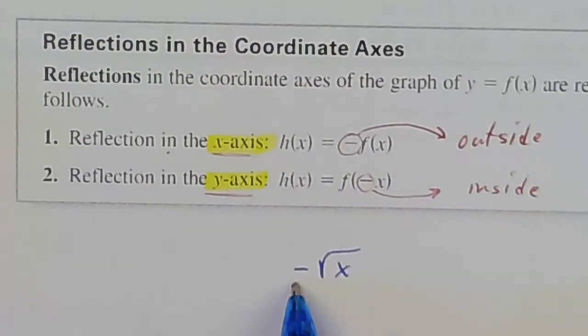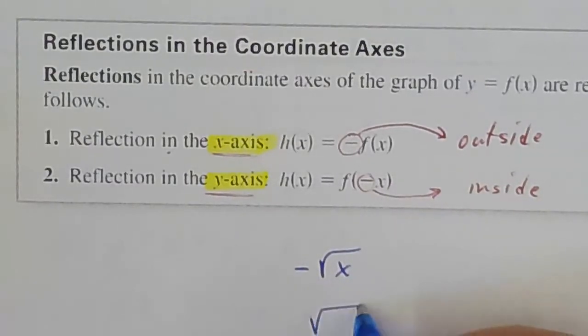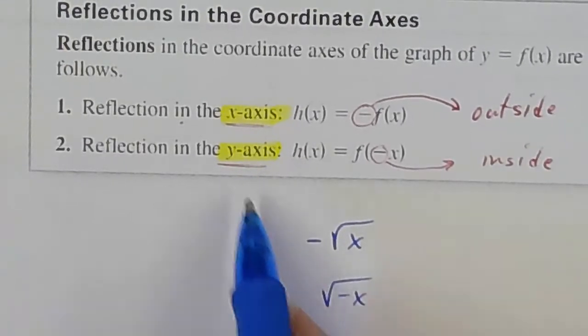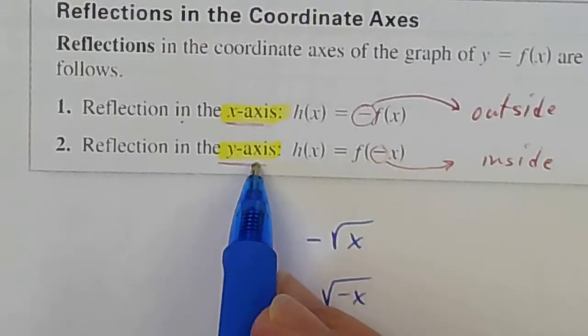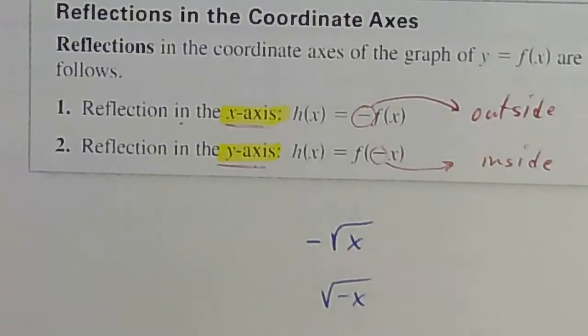If the negative is on the outside, we see it out here. And if it's inside the function, it looks like this. If it's inside, it reflects over the y-axis. So the location of the negative is important, something you have to commit to memory to know the difference between the two.